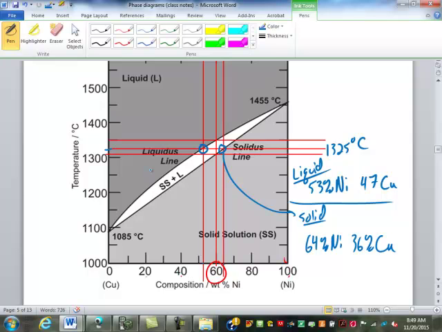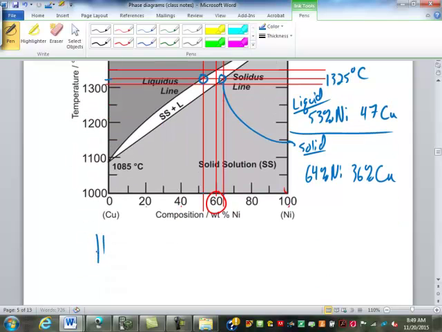So the question here is, how much of this is liquid and how much of it's solid? Let's say we had 1,000 grams. The WT here means by weight, your composition by weight. Let's say we had 1,000 grams of the 60% nickel, 40% copper.